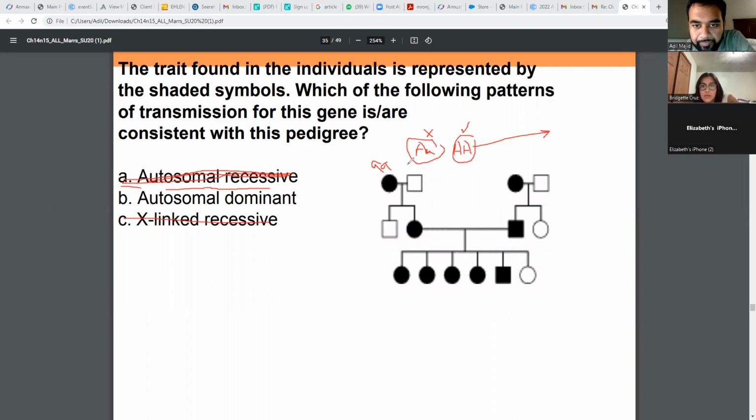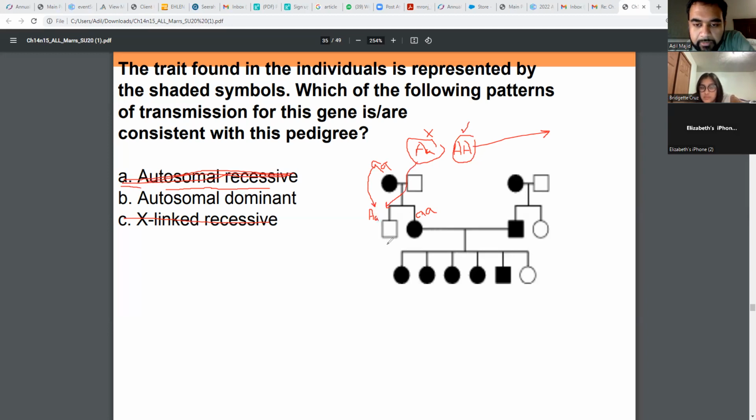So let's say this is big A, little a. Can this girl exist from this dad and this mom? Yeah, we can get a little a. So we go to the next step. Can this boy exist from this mom and this dad? Yeah, because she can give a little a and he can give the big A. Exactly.